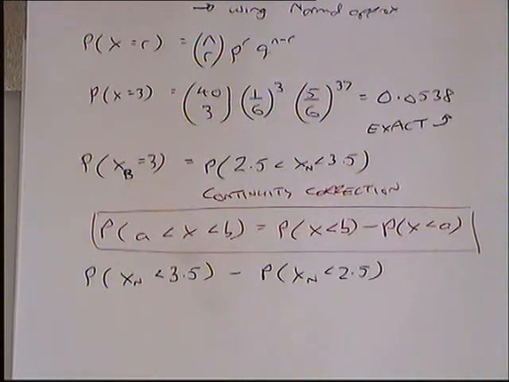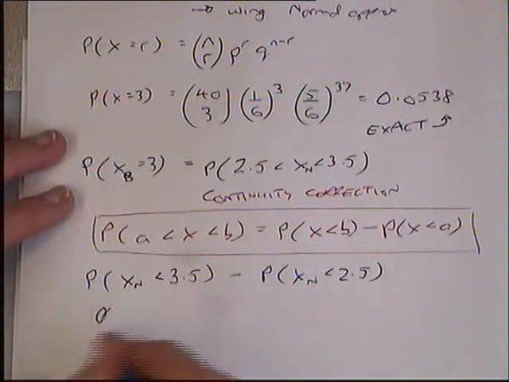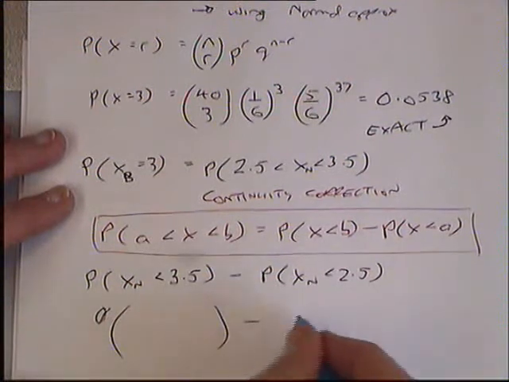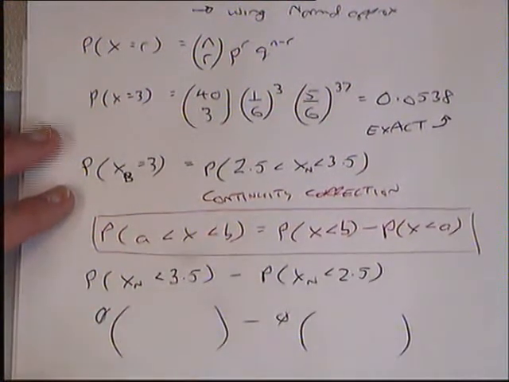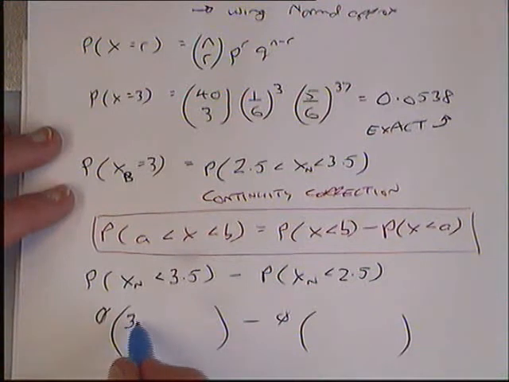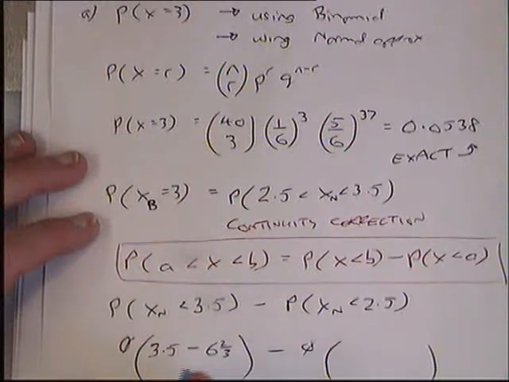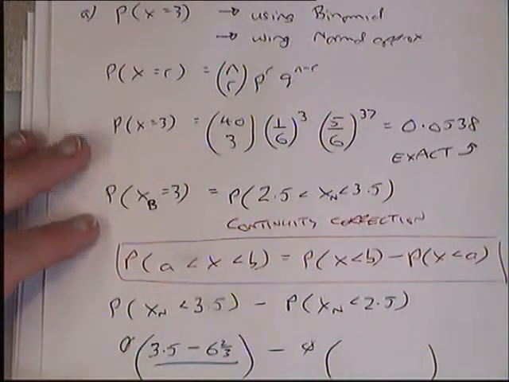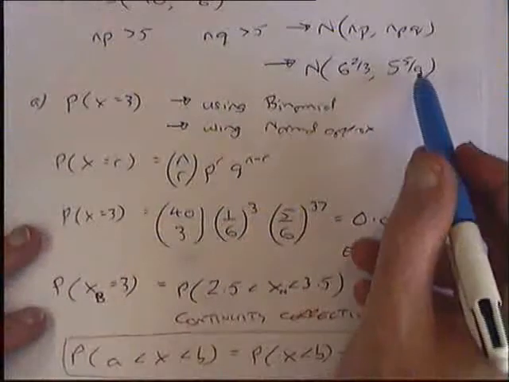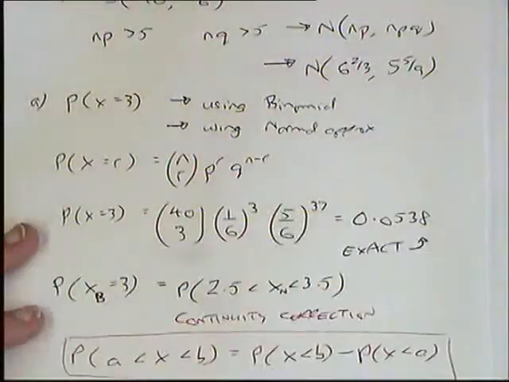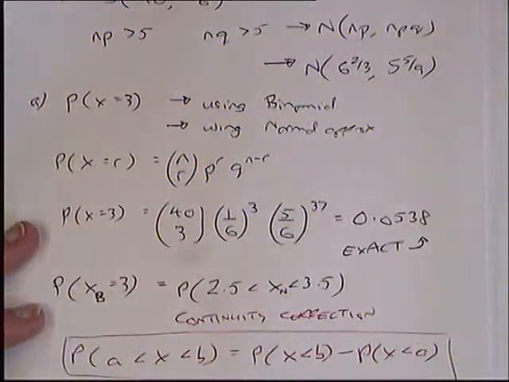So what do we do next in these normal distribution questions? We use phi. Correct. And what always goes in the brackets when we are phi-ing? x minus mu. Mu we had earlier is 6 2/3, over the standard deviation, which is the square root of the variance, so the square root of 5 5/9.